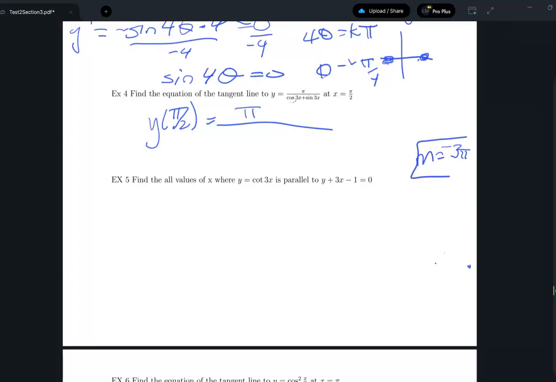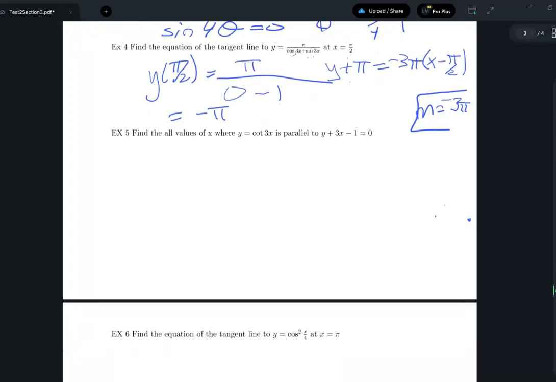I'll have cosine of 3 pi over 2, that's 0. Sine of 3 pi over 2, that's a negative 1. So my y value is negative pi. So the answer to number 4 here will be y plus pi, y minus a negative pi, equaling negative 3 pi times x minus pi over 2.